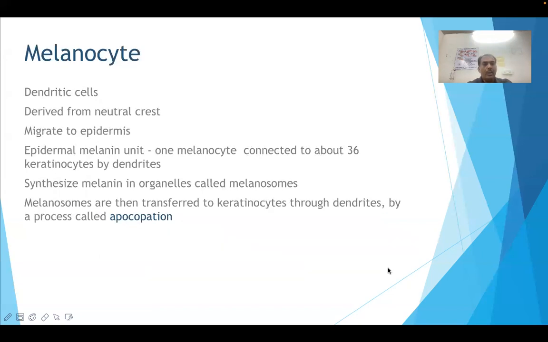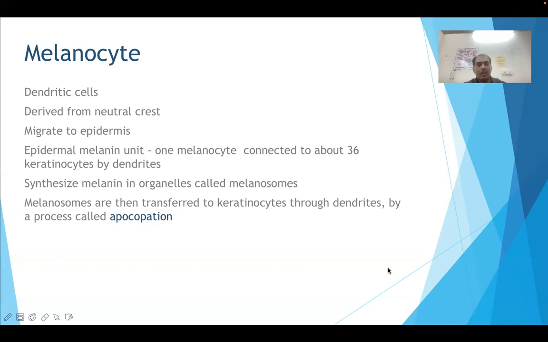The melanocytes are dendritic cells which are derived from the neural crest. They later on migrate to the epidermis. One melanocyte is connected to about 36 keratinocytes by dendrites, to which it supplies its melanin. This is called the epidermal melanin unit.